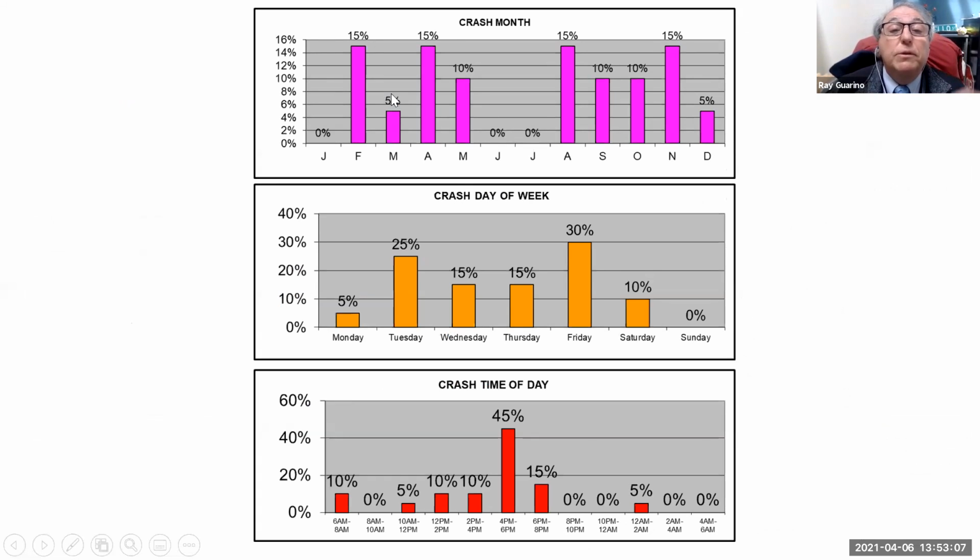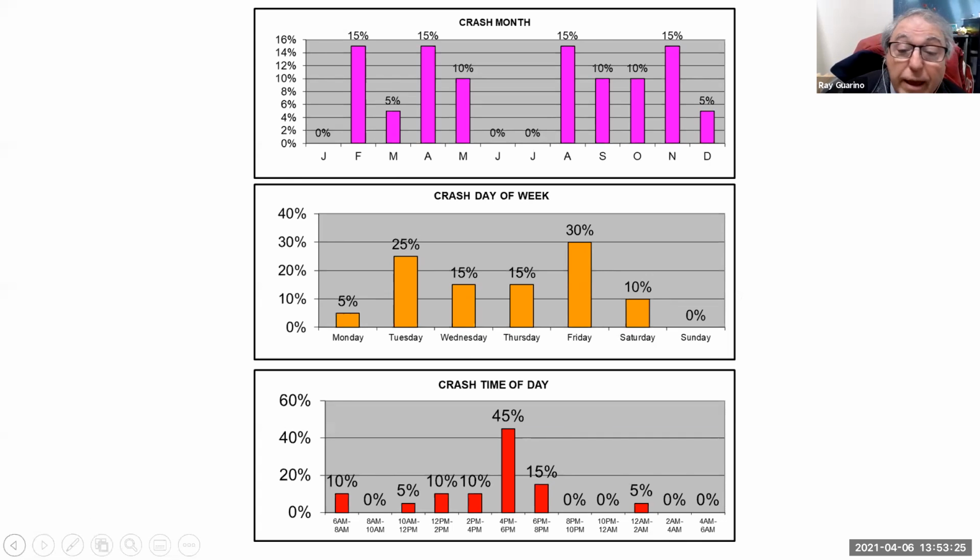The crash month kind of spread out during the year, as well as the crash week, although Fridays seem to be a lot. And what stands out is the time of day, which is 4 to 6 p.m., 45% of the crashes.